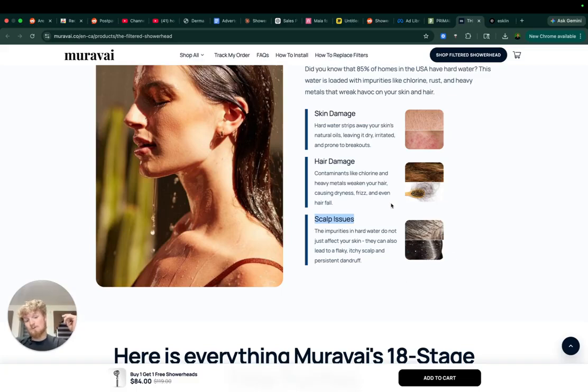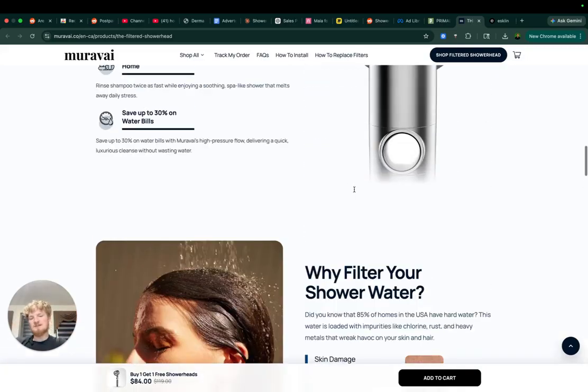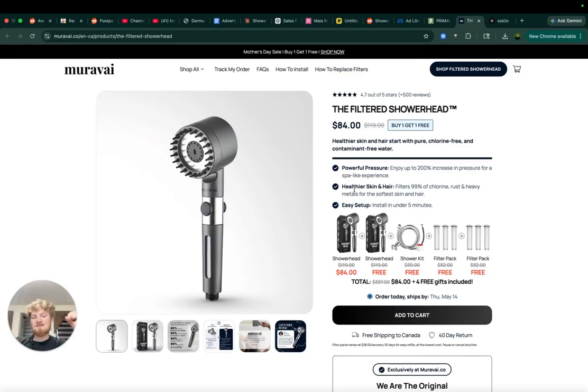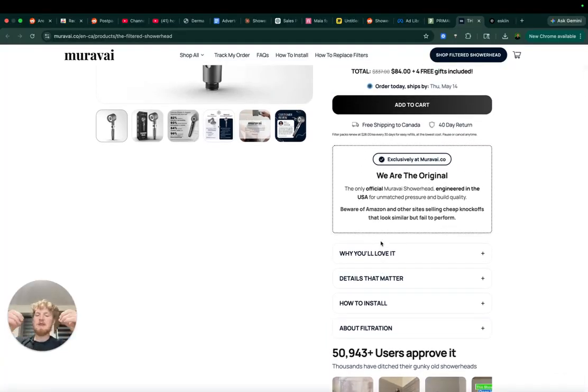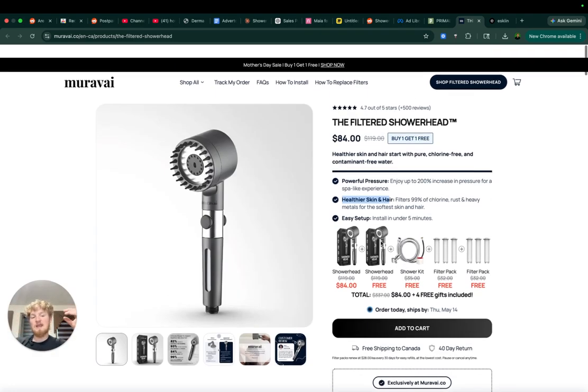We can see that these guys are specifically going for scalp issues, which in theory isn't a big issue because their main thing is healthier skin and hair, right? But nobody has specifically made a product page that is just targeting hair loss.